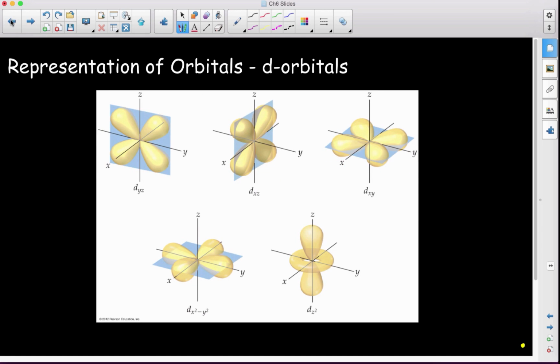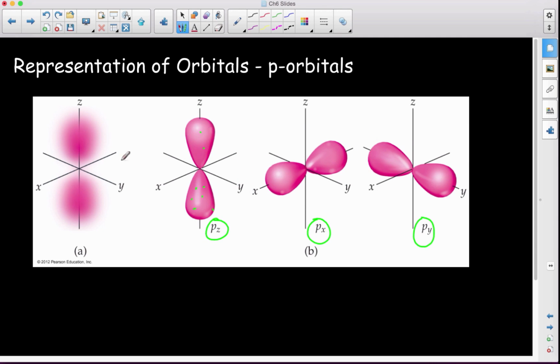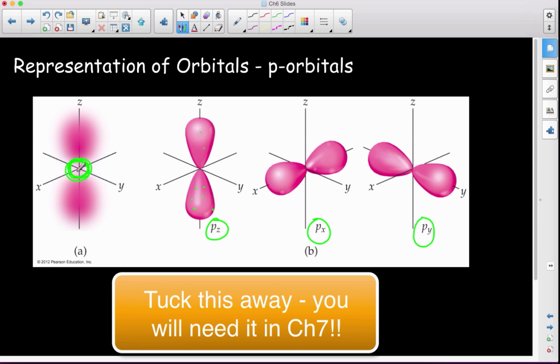One other thing to point out: you'll see here that there is no electron density here. And that is why, and we'll talk more about it later when we get to periodic trends, p orbitals are not as close to the nucleus as s orbitals.